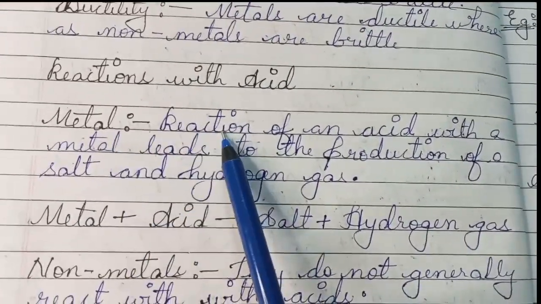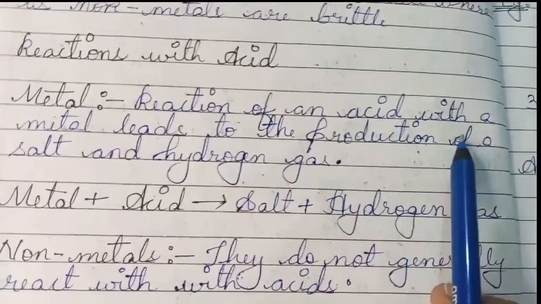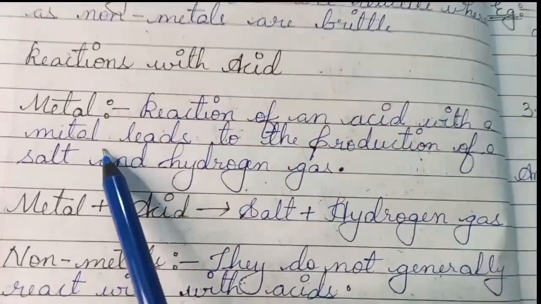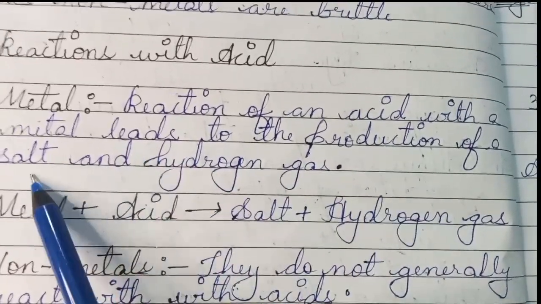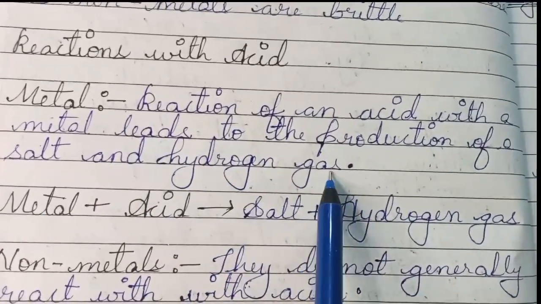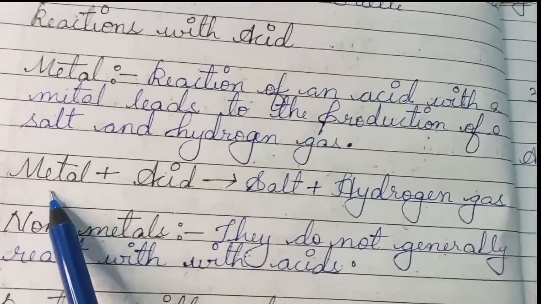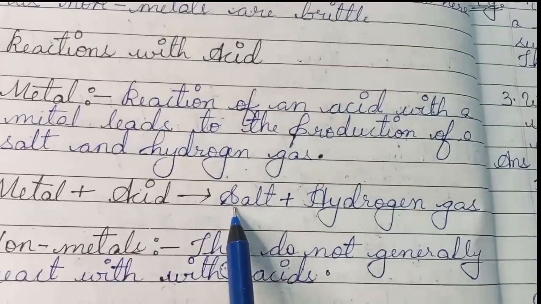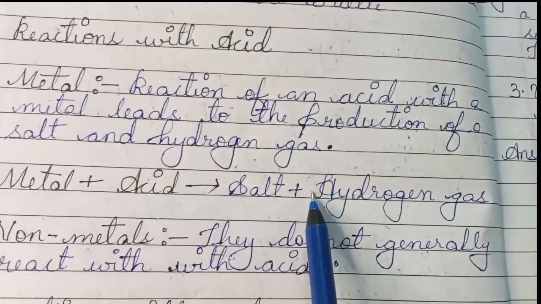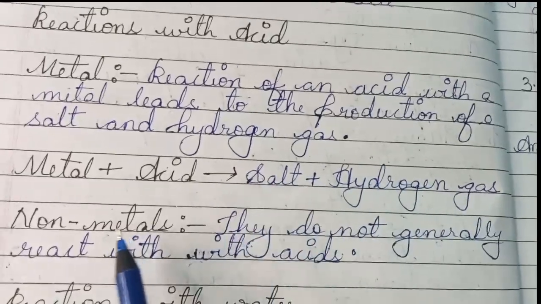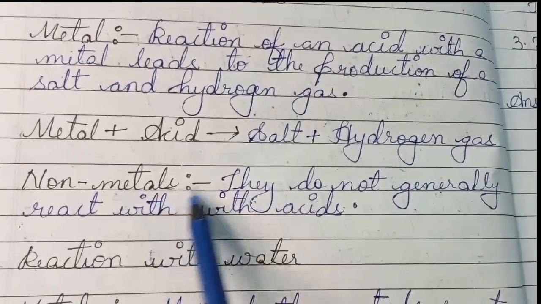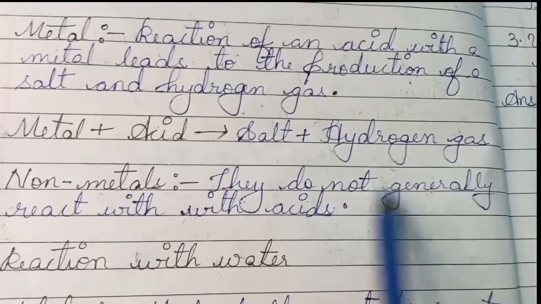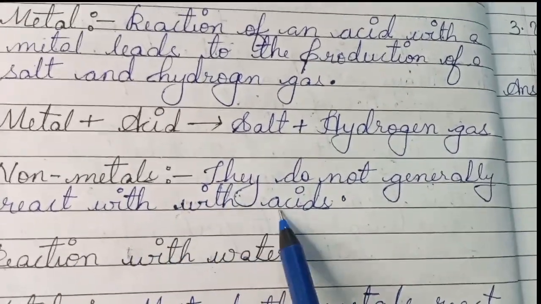Metals. Reaction of an acid with a metal leads to the production of a salt and hydrogen gas. Metal plus acid gives rise to salt and hydrogen gas. Non-metals, they do not generally react with acids.